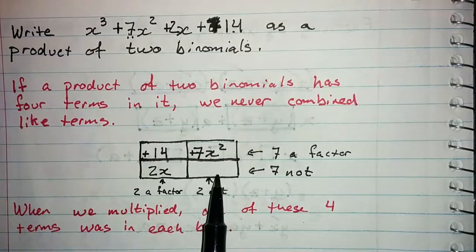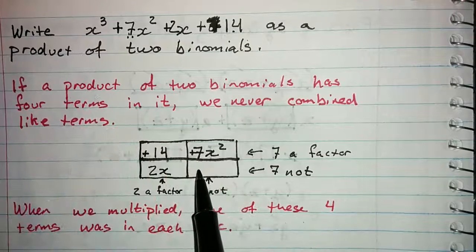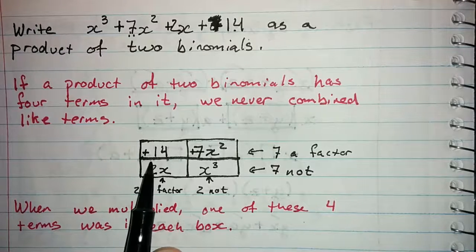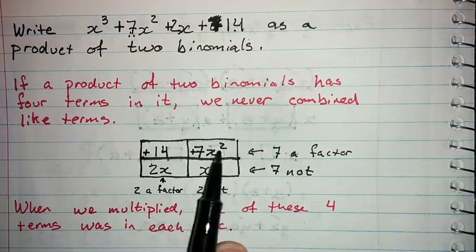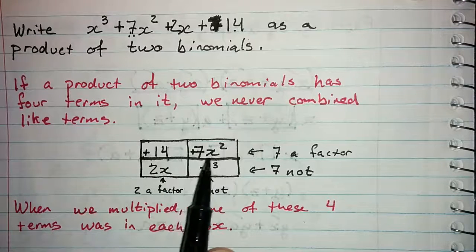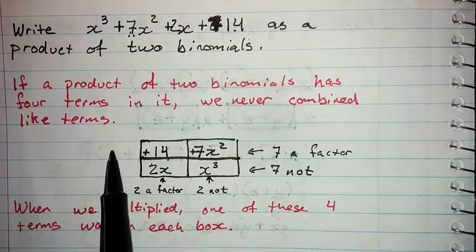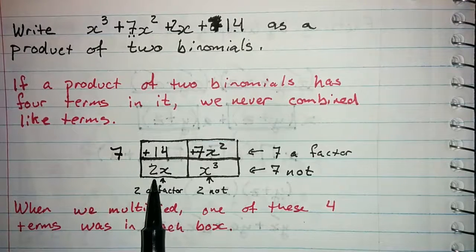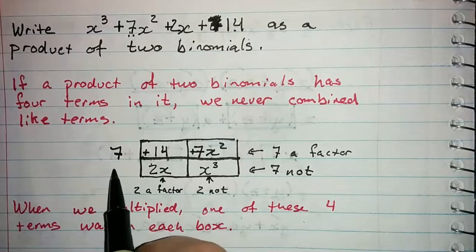And then in this box, I'm going to write the term that has neither 2 nor 7, this term. Now what am I going to do? I'm going to go to each row and find the greatest common factor. It looks like in this row, the greatest common factor is 7. And in this row, the greatest common factor is x.